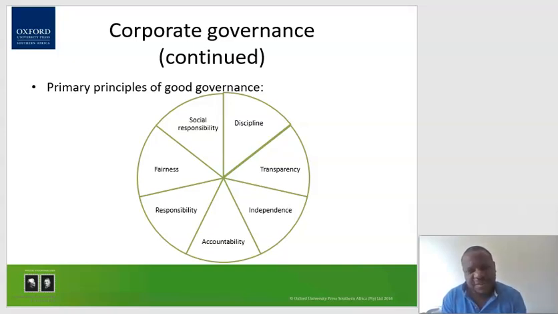These are the principles of good governance. Fairness, treating everyone fairly, responsibility, social responsibility, discipline, transparency, independence, and accountability. So these are the primary principles of good governance.